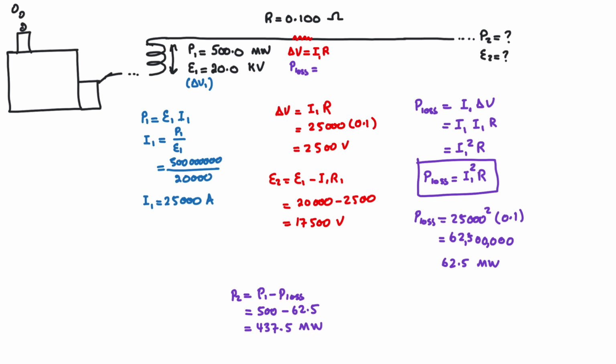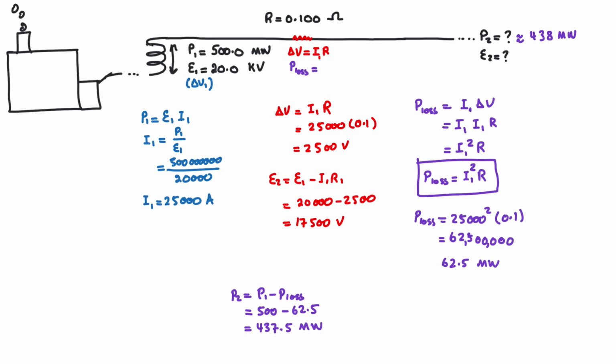To write my final answers, I have to look at the number of significant figures of everything that's given to me. I have 3, 3, 3 in everything, so I'm going to turn all my values into 3 significant figures. So power 2 here is going to equal approximately 438 megawatts, or you can write it as 4.38 times 10 to the 8, or you can just write it as a value, 438 million watts as well.